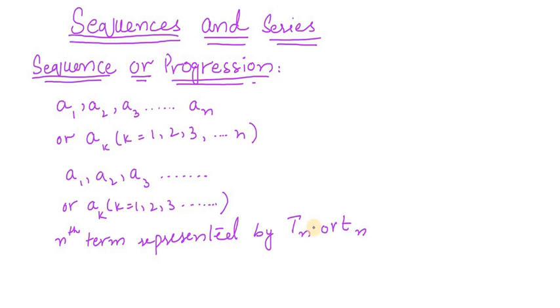The terms of the sequence we denote as T1, T2, T3 and so on up to Tn, which is called the nth term. So we can write a sequence as: T1 is called the first term, then second term, third term and so on, up to the nth term. This is called a sequence.